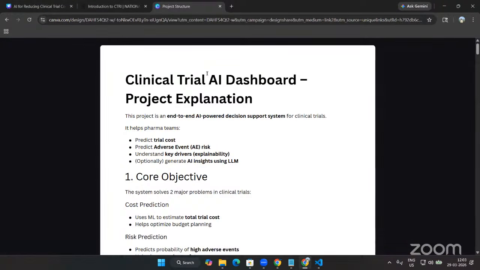So here you can see the objective which we have planned: the Clinical Trial AI Dashboard. With this objective, we want an end-to-end AI-powered decision support system for clinical trials. This helps pharma teams predict trial cost, predict adverse event risk, and understand key drivers, that is explainability in AI, and optionally it will generate AI insights using LLMs.